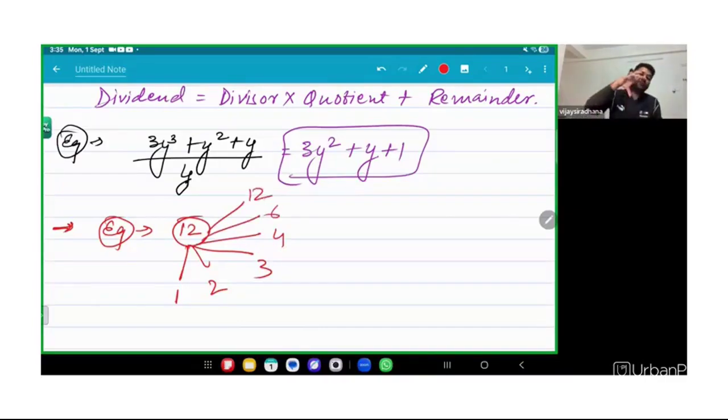So the factors of 12 will be 1, 2, 3, 4, 6, and 12.